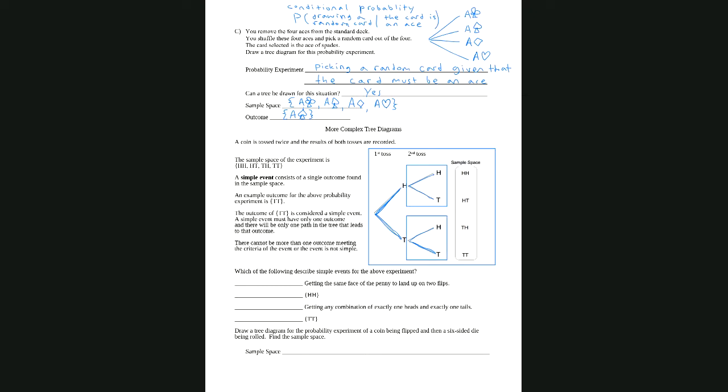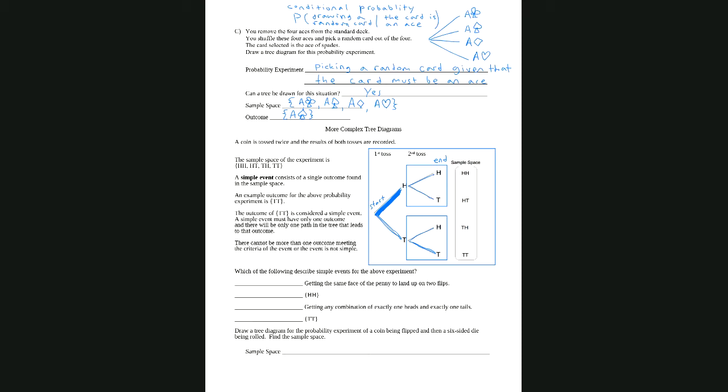But anyways, what we want to do is keep track of what happened in our path from the start to the end. Okay? So let's say the first time we flip it, we take this heads path. So we'll color that in real dark. So the first coin lands on heads, in other words. Then let's say we flip it again, and we land on heads again.